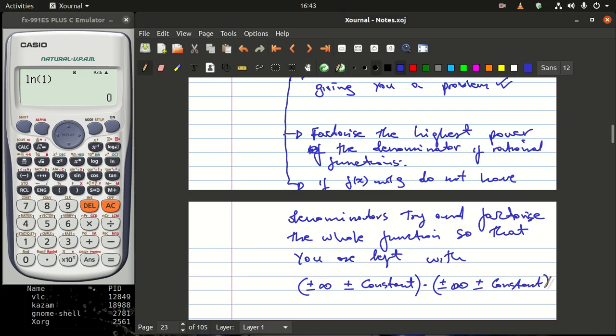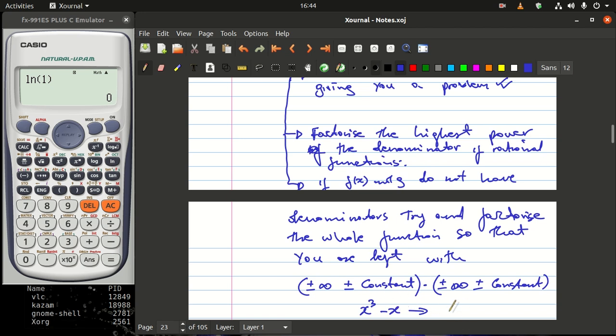Why am I saying that? It is because we know that if we have infinity and we compare it with a constant, infinity is always going to win because it's so big. That is what you are trying to do. For instance, if you were looking for the limit of x cubed minus x, you will have infinite times infinite times infinite, which is infinite minus infinite.